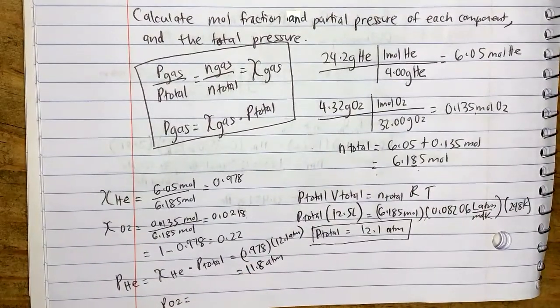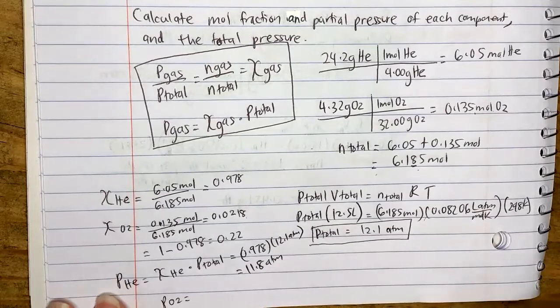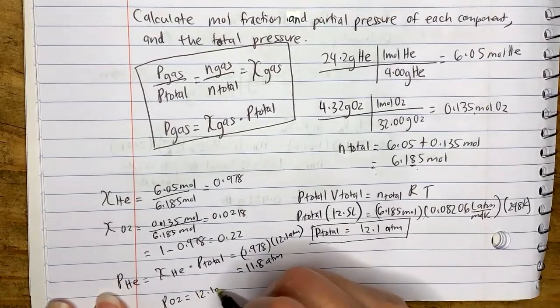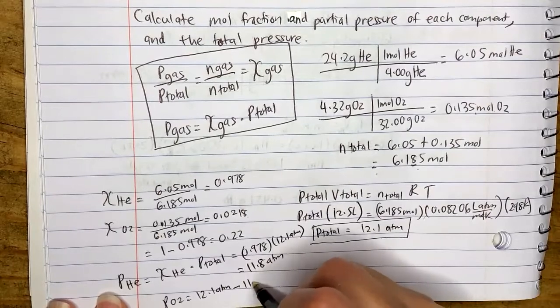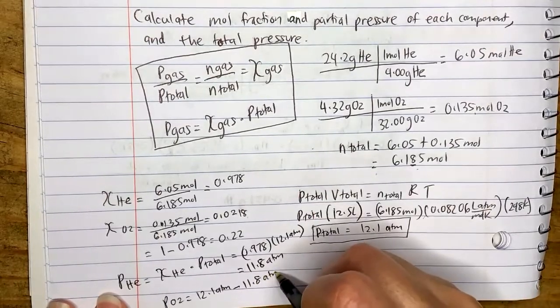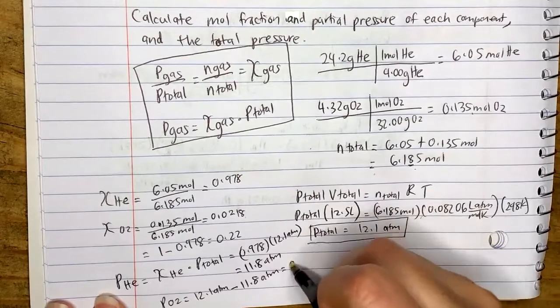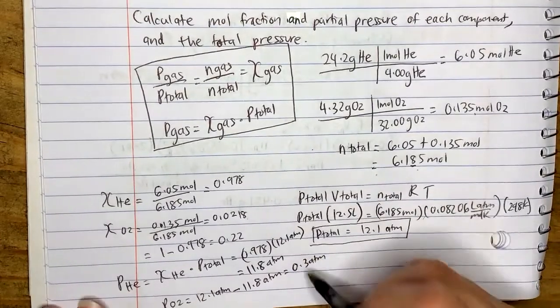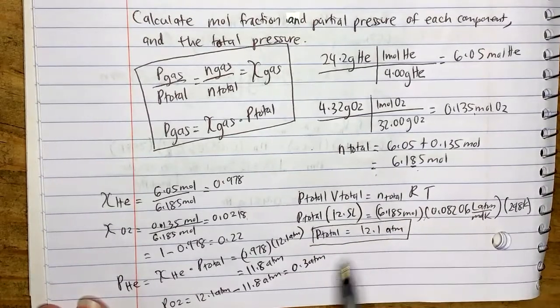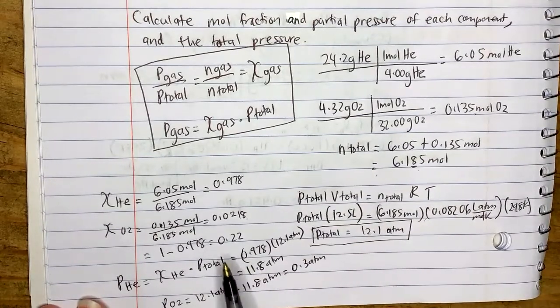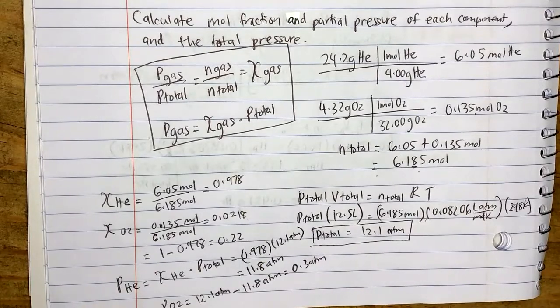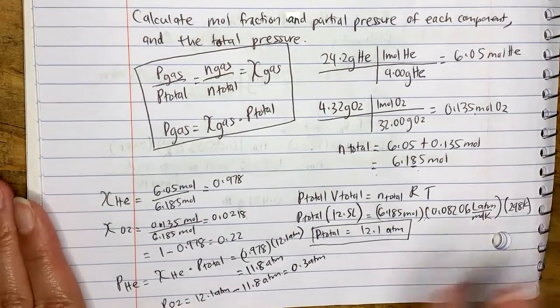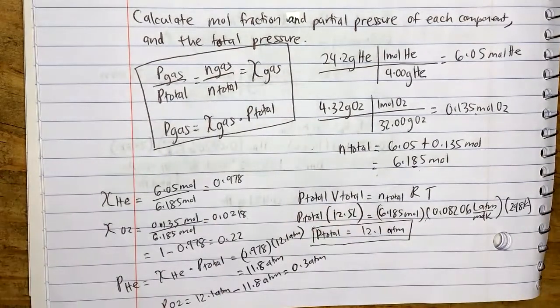Or I can just say, well, I know the total was 12.1, and I'll just subtract out whatever helium was. I can do that a lot easier. So this one's 0.3. Okay, so we got answers. We got total pressure, partial pressure for each one, and the mole fraction for each one. This one's a super long one, but we basically apply this many ways around. That's how we talk about partial pressure.